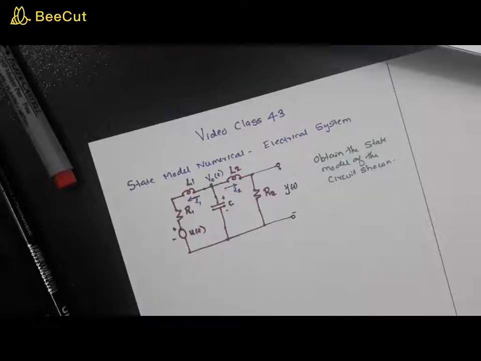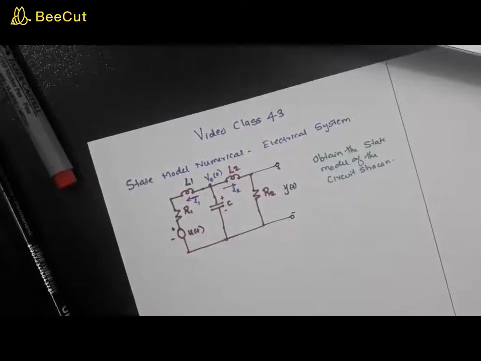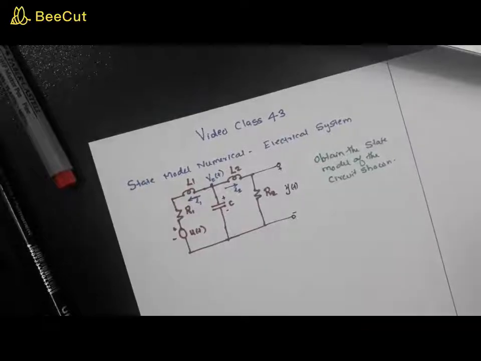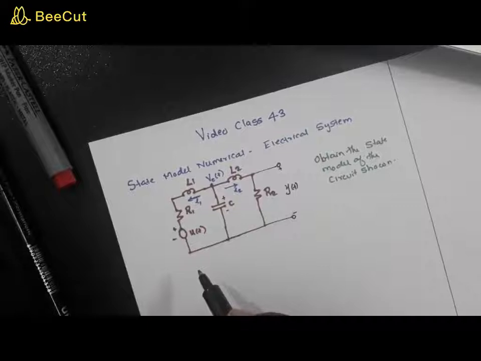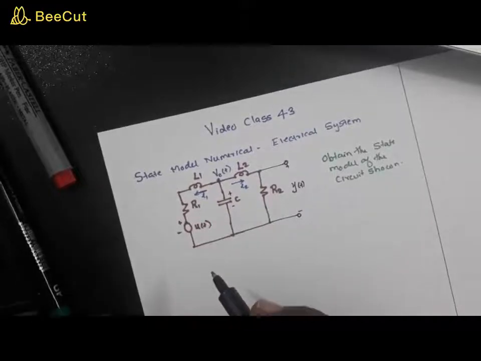And if you assume physical variables as state variables, like the current and voltage across a capacitor or inductor, or current through an inductor, then it is physical. In this example we will prefer the physical variable state variables.